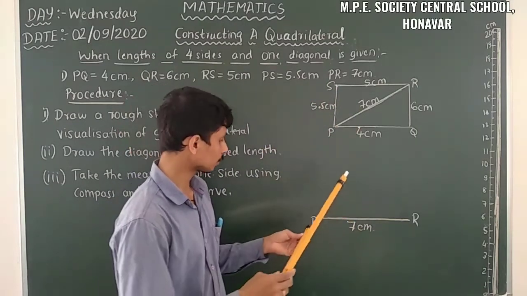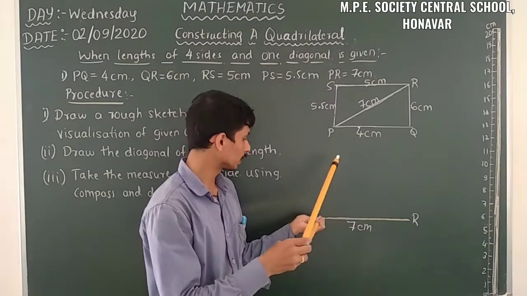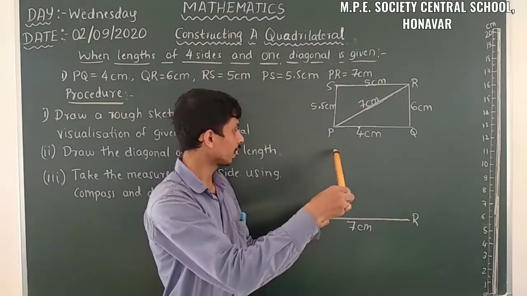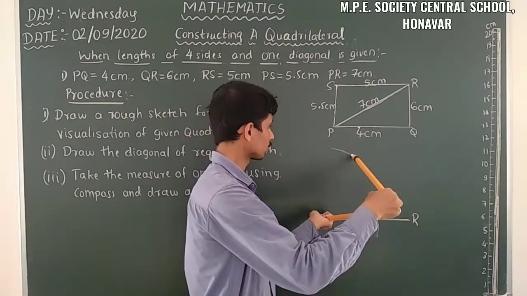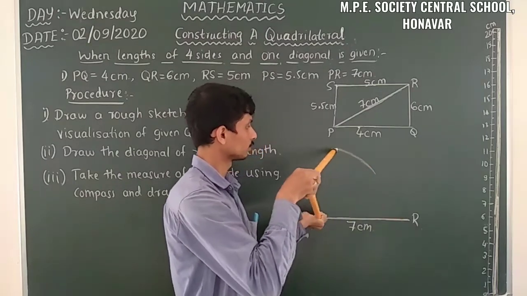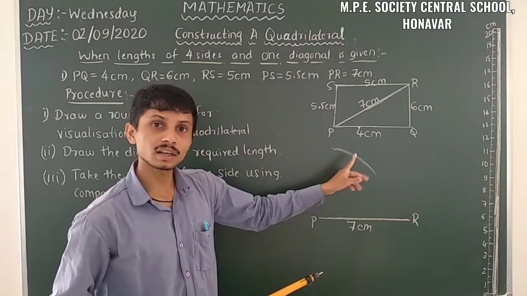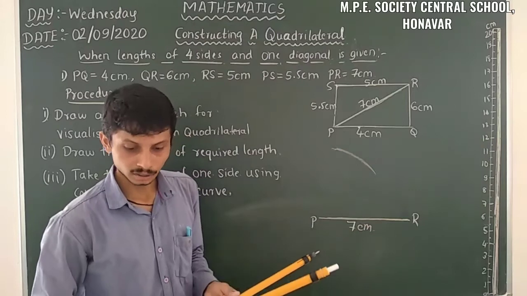So firstly we have to place the compass on P, and then we have to draw a curve here like this. Here the curve is drawn.